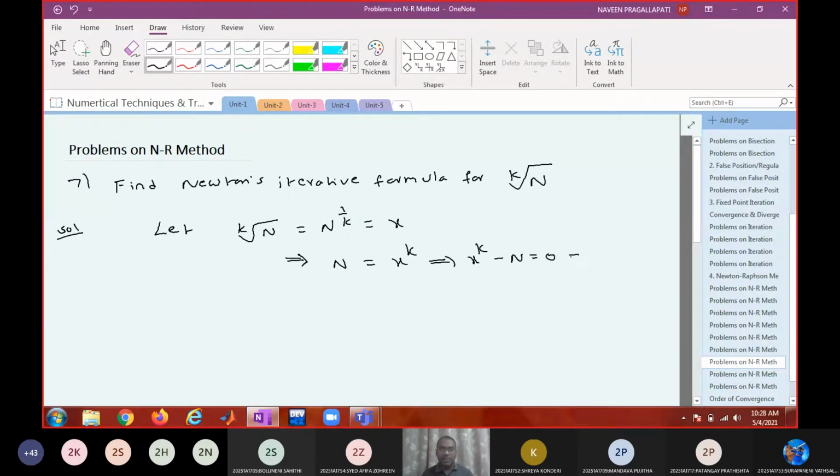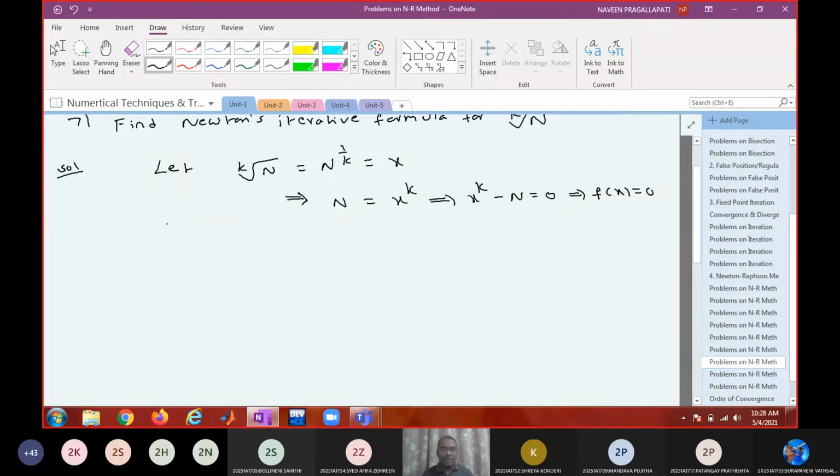Okay, so which is in the form f of x equal to 0, right? So what is your function? Your function would be x power k minus n. So what is f dash of x? f dash of x will be k x power k minus 1. Am I right?